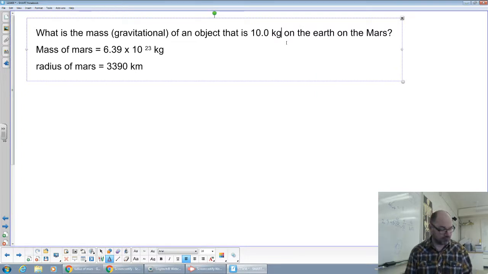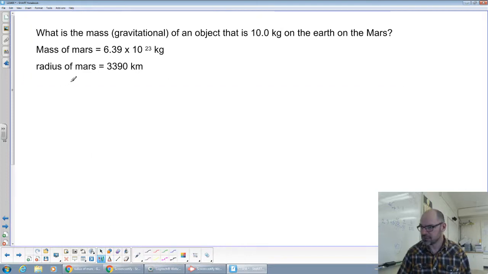Okay, so what we have to do is figure out the mass. So if we look at our gravitational field strength formula of Mars, that's going to equal G times the mass of Mars over the radius squared.